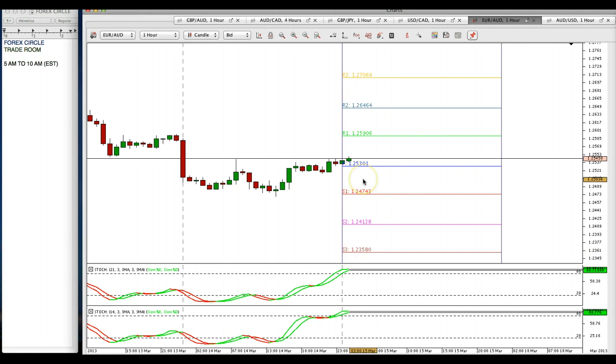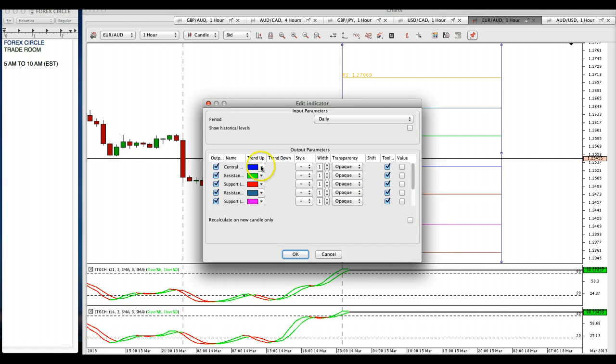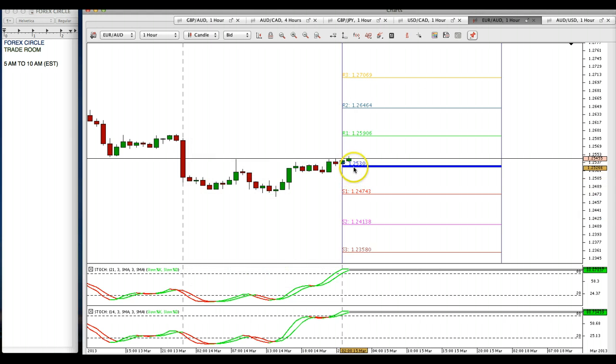And the idea is, well, let me just explain how I see pivot points. I'm going to change the central pivot point just to highlight the main pivot point. And I look at the main pivot point as home.